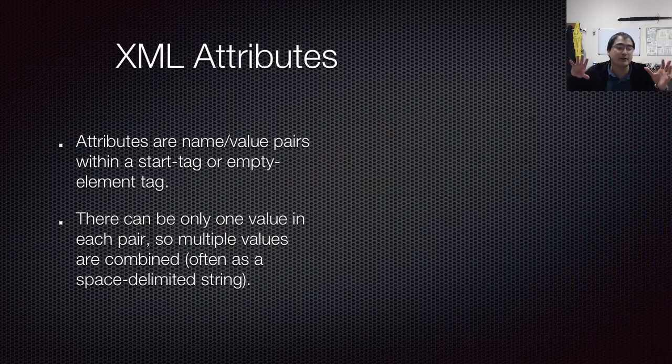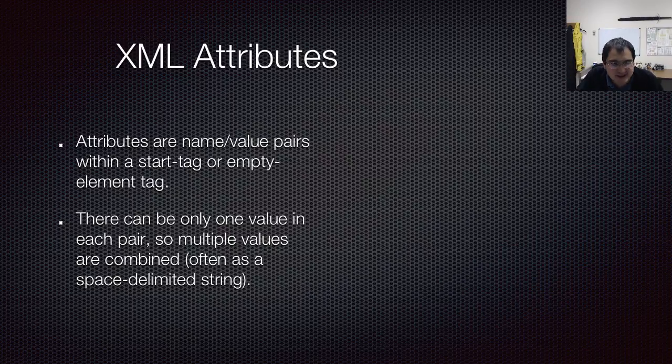Instead, when you want to have multiple values associated with a particular name, a particular key, often you use a space delimited string. So if you want to say tags maps to house, dog, car, you'd use this one string, house space dog space car, and you'd expect the program that's using this XML to be smart about it and understand that this one attribute is mapping to many different values.